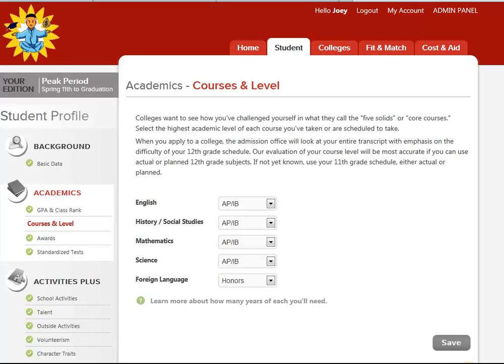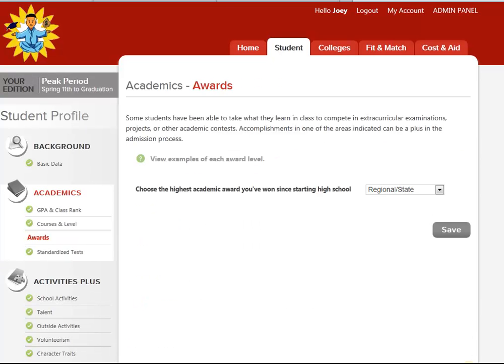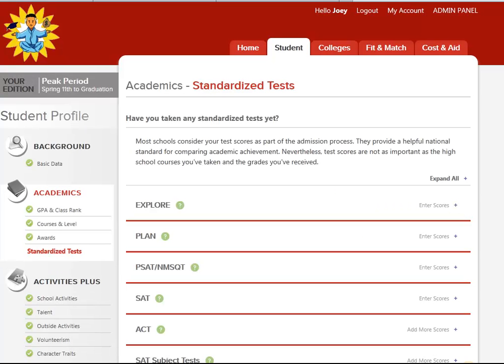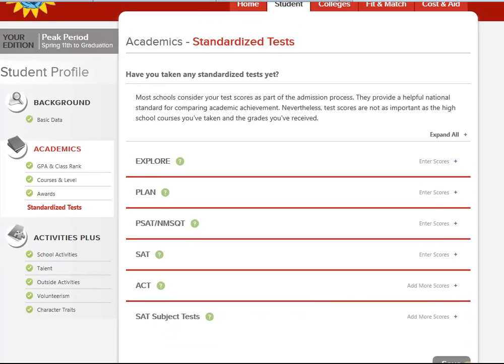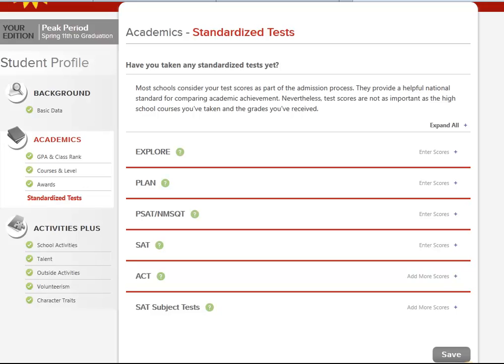So here's an area to enter in APs, and that's really important. Academic awards. There's different types of awards. There's regional, international, and county level. So again, stuff not considered by Naviance and other tools. Here's a place to enter your scores.